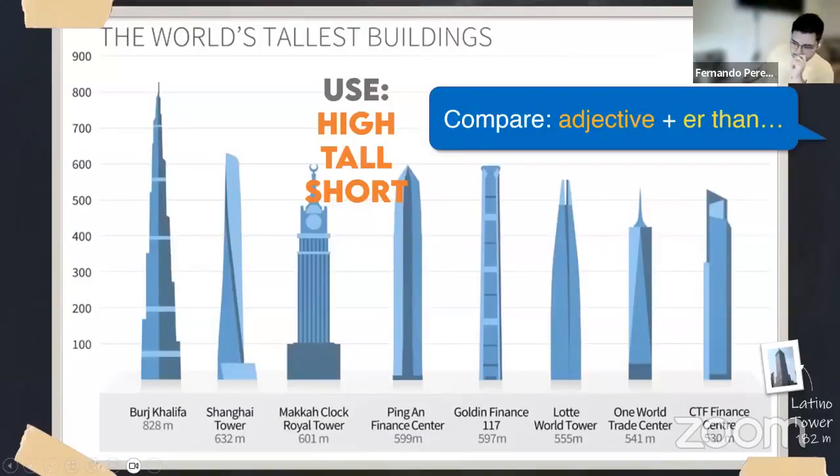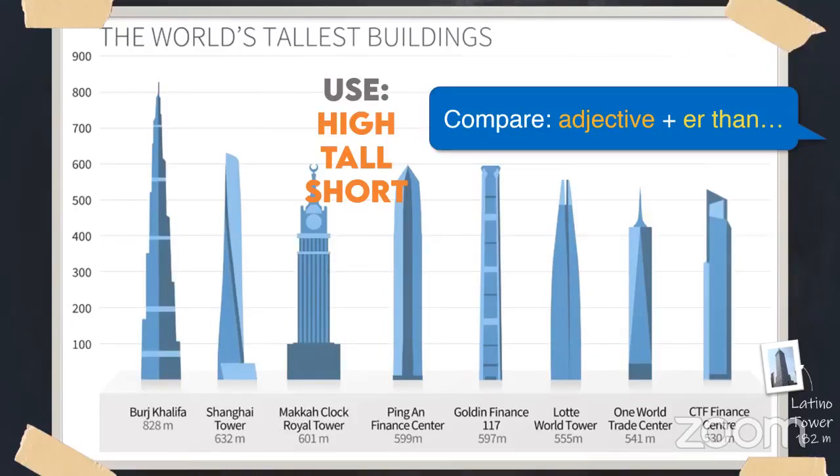Help me, Karen, compare two buildings that you see in this slide. The Burj Khalifa is taller than the Shanghai Tower. Yes, you are correct. Perfect.